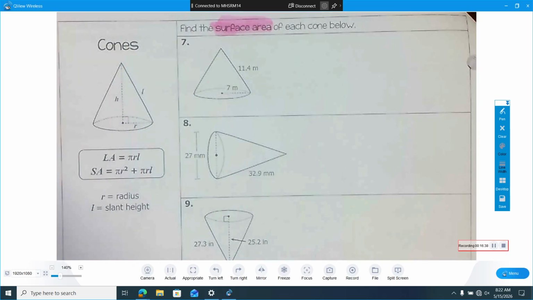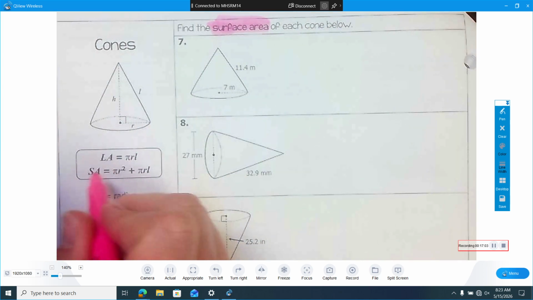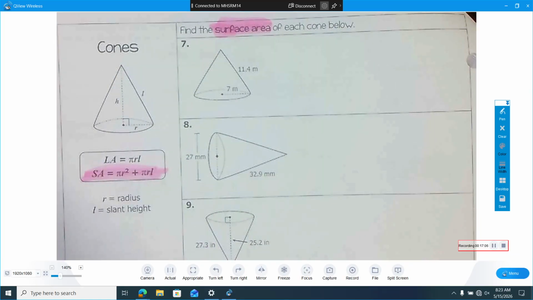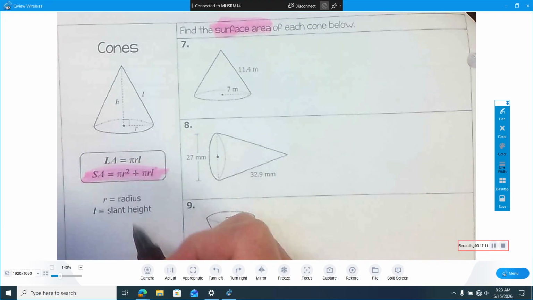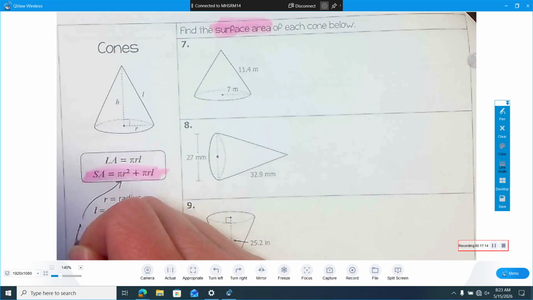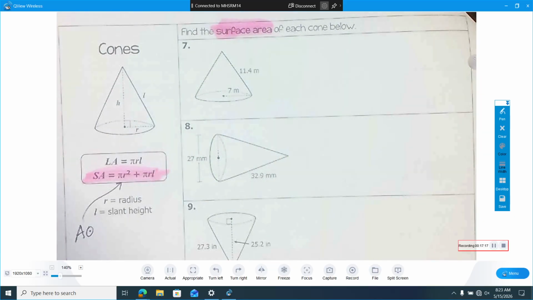All right, so surface area again. The formulas you do need to know, because these sides are not all plane figures. They're not flat shapes that are just folded up. The cone has a curved edge to it, so because it has a curved edge, we have to use a formula. And where does this surface area formula come from? Well, what is pi r squared? The area of the circle. That is the area of the circular base, so that's easy.